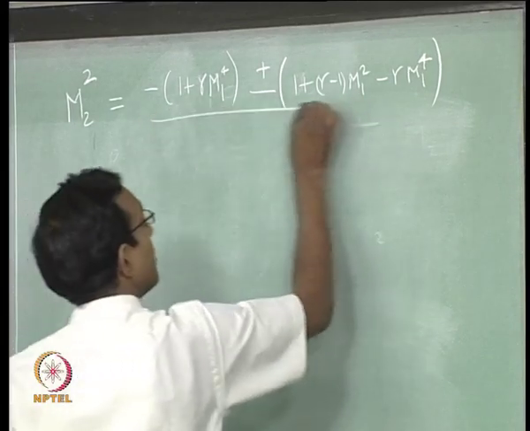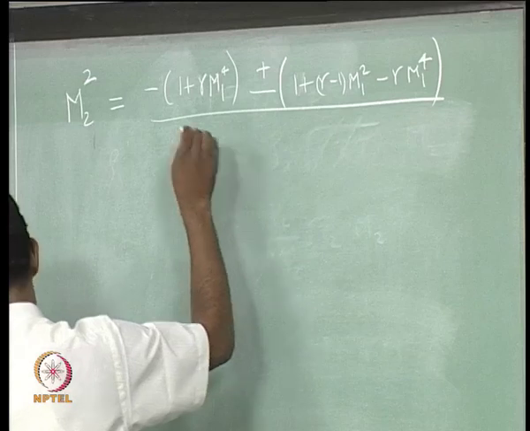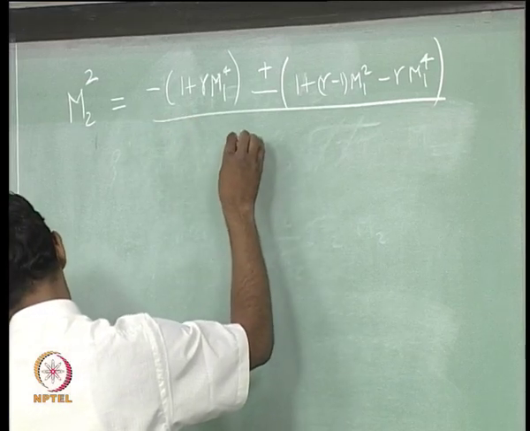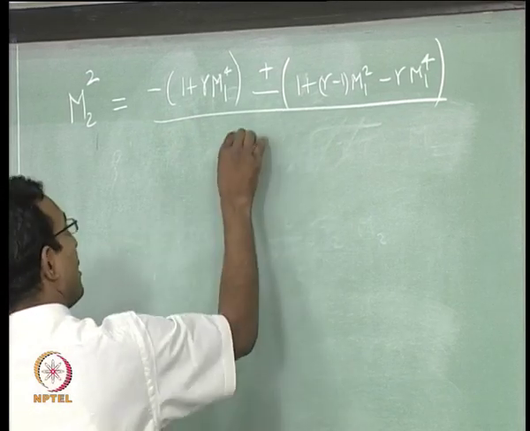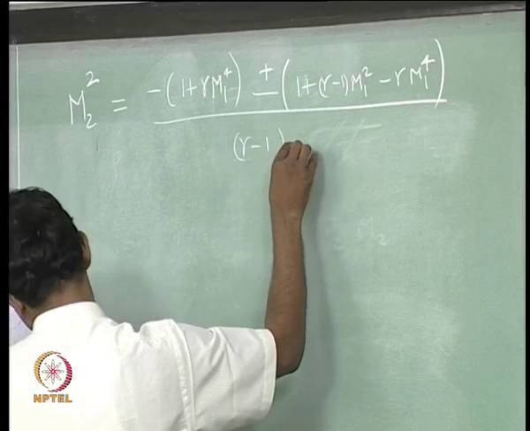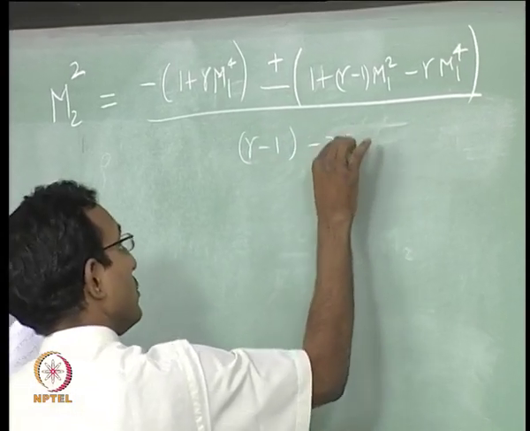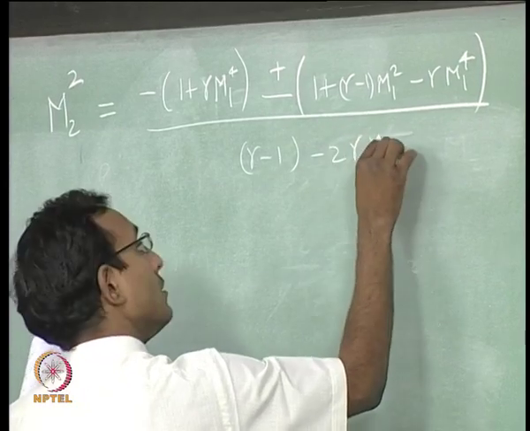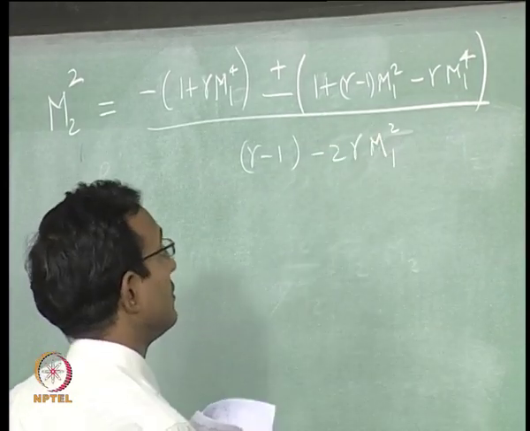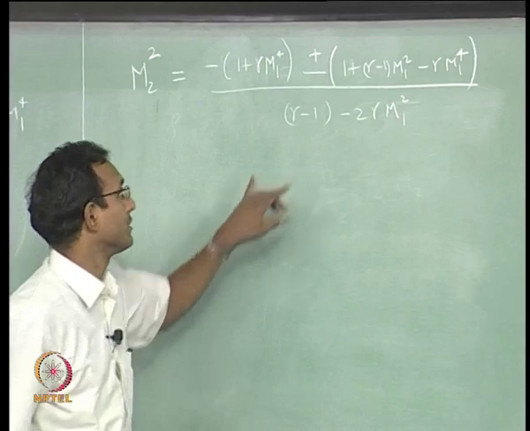Okay, this divided by 2 times the 2 is already divided, cut off, right. So what we will have will be gamma minus 1 minus 2 gamma m1 square. This is what I should get from the quadratic thing.